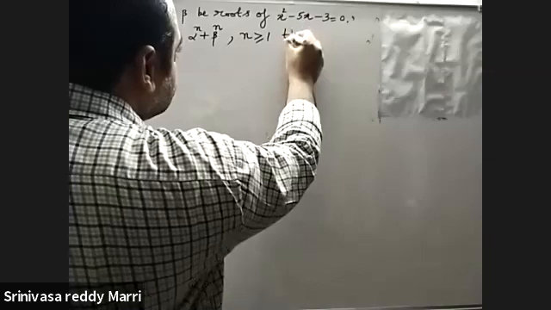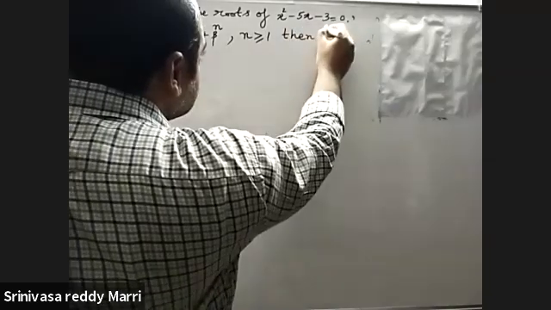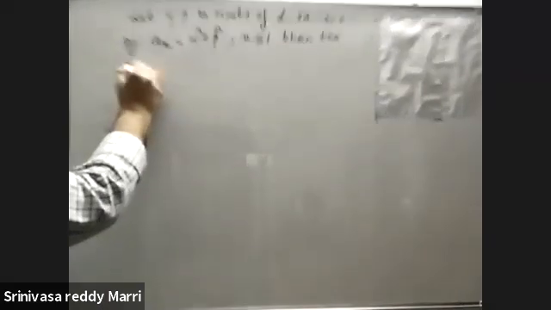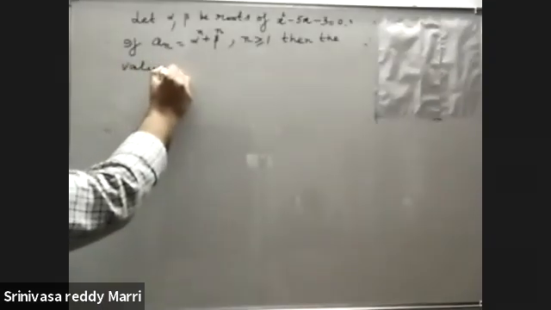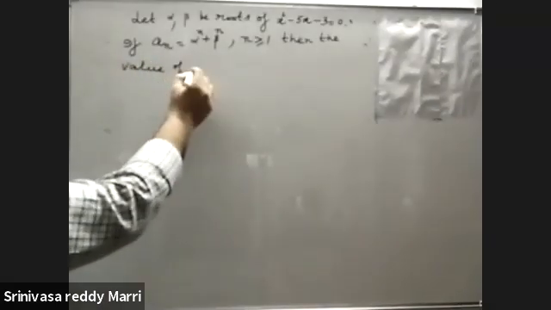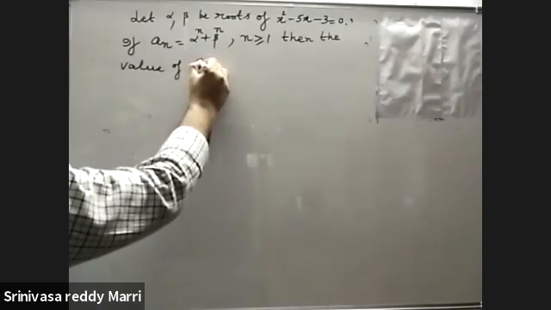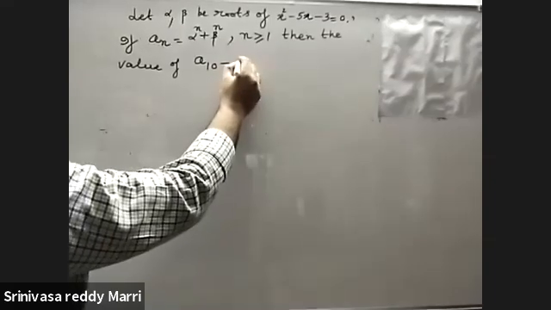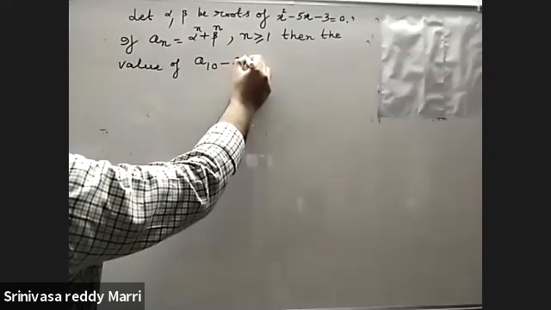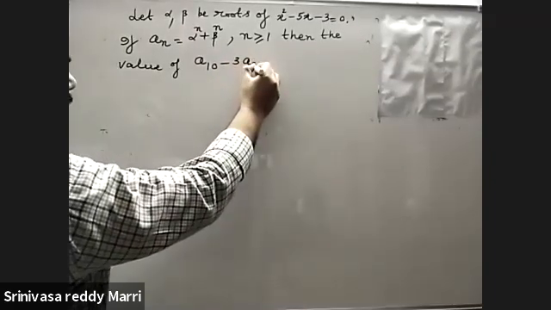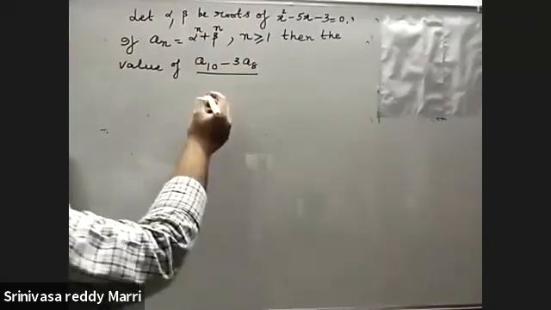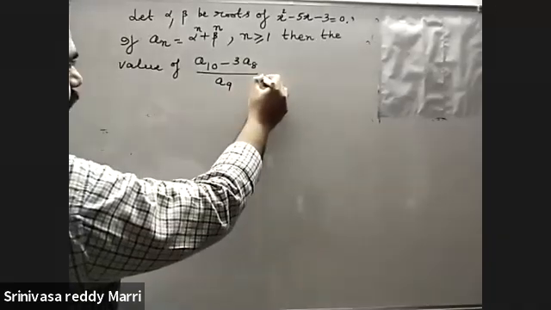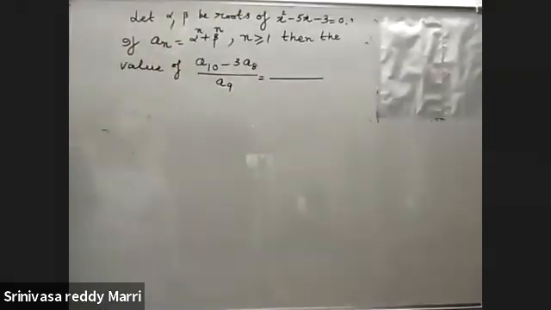Then the value of A10 minus 3A8 divided by A9 equal to dash.